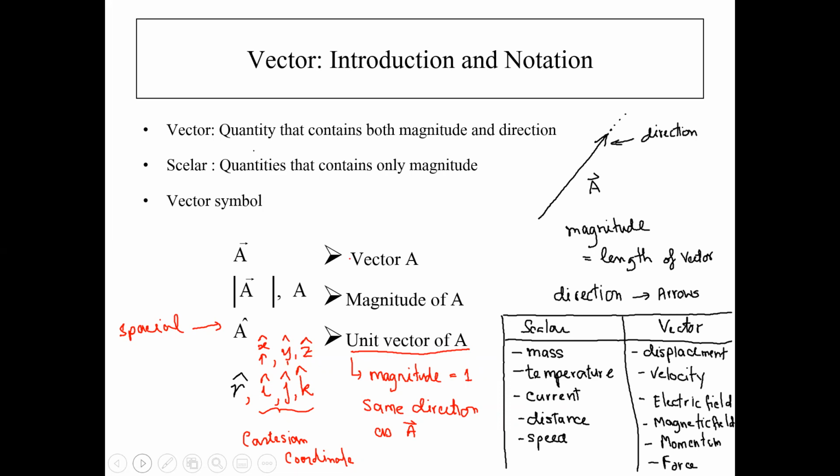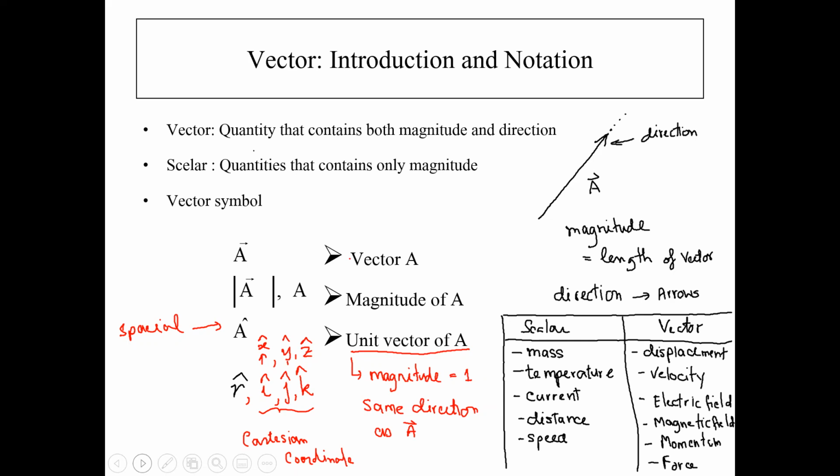The magnitude of the vector is represented by the length of the arrow, and the direction is represented by the way that the arrow aligns compared to the reference axis.